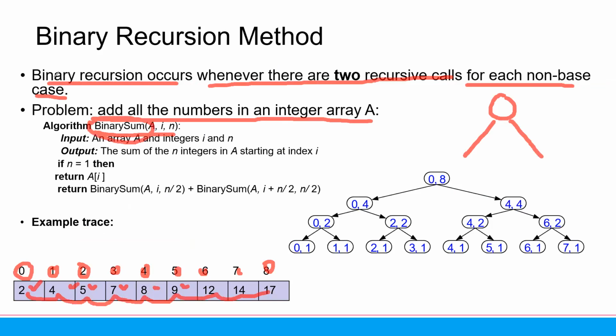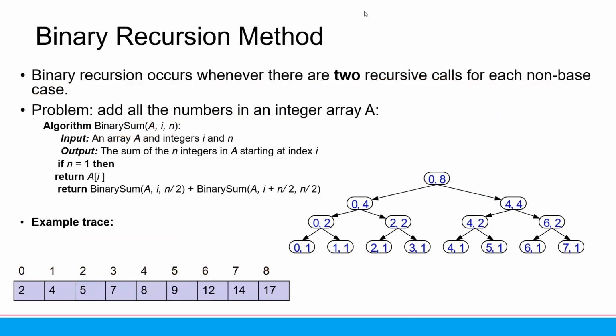For this binary sum, I want to use the array A, and I as the position or the starting index, and n is the number of integers that I want to sum. So the output will be the sum of n integers in A starting at index i.